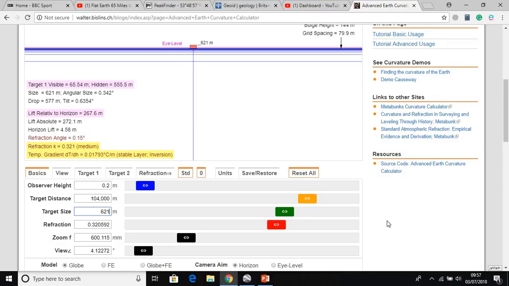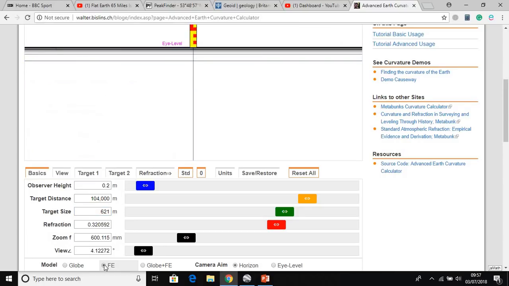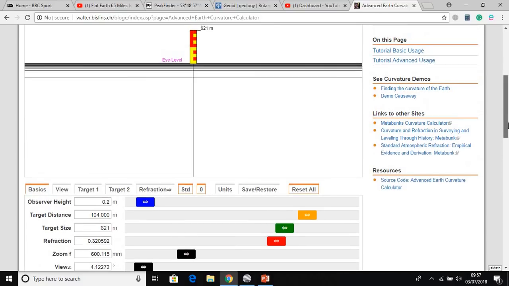Now, the beauty of Walter's calculator is that he has a flat Earth calculator as well. And on a flat plane, keeping all the parameters exactly the same as we had them for the globe Earth, we see the whole of the block from top to bottom.